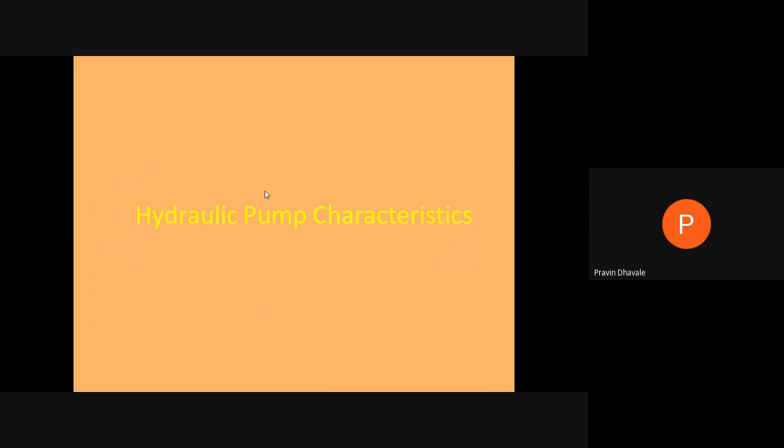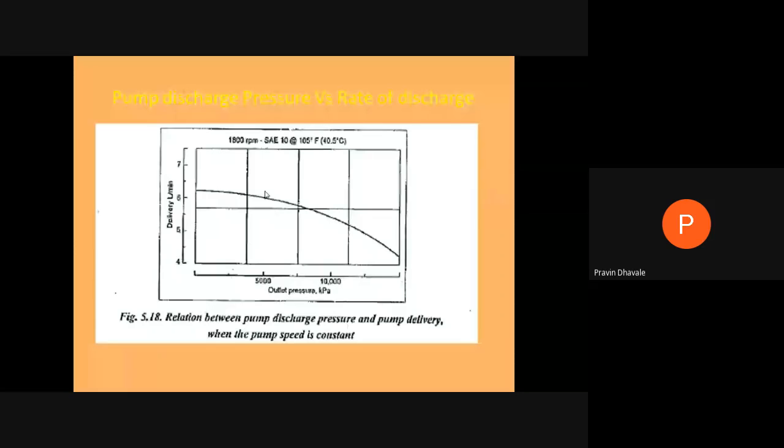The next point is related to certain performance characteristics of the hydraulic pump, in order to measure its performance. If we consider the pump discharge pressure and rate of discharge, this will be the delivery, that is, the rate of discharge, indicated in liters per minute: 4, 5, 6, 7, right?